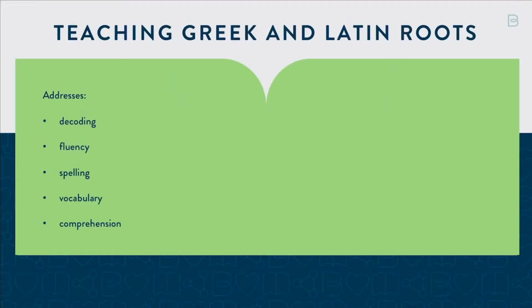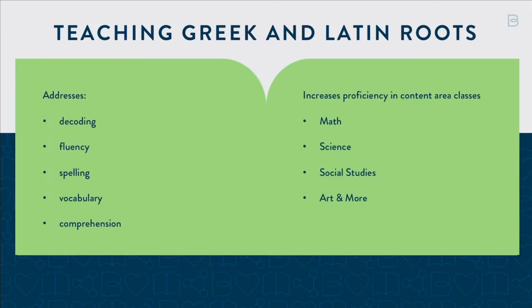Teaching Greek and Latin roots addresses decoding, fluency, spelling, vocabulary, and ultimately comprehension. It increases proficiency throughout their entire day. They will be encountering Greek and Latin roots and prefixes and suffixes in math, in science, in social studies, in art, everywhere they're reading.